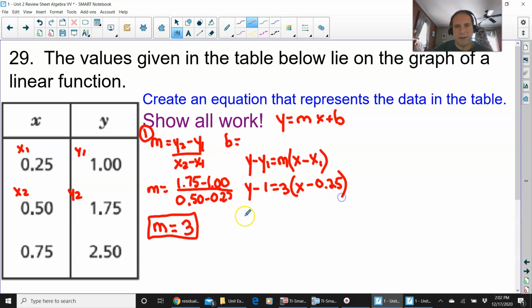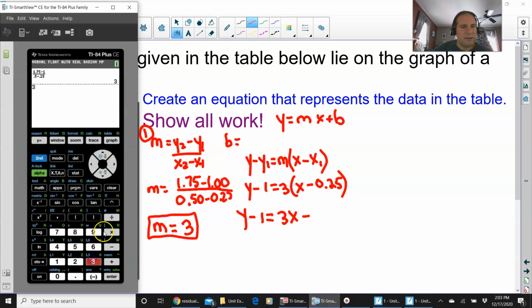It's not that difficult. Then you do the distributive property: 3 times x is 3x, minus 3 times negative 0.25.